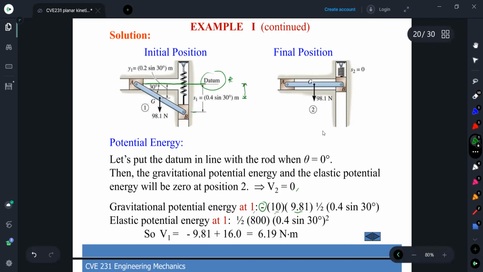The length of the rod is 0.4 meter and the angle is 30 degrees, so this becomes 0.4 sine 30 degrees. That is equal to s1, the deformed length of the spring.